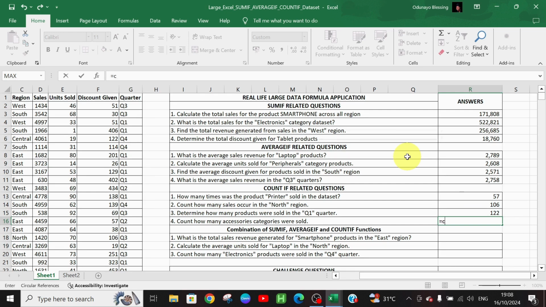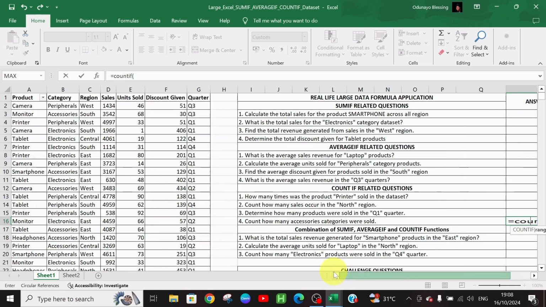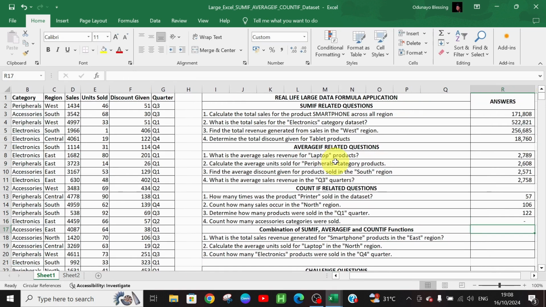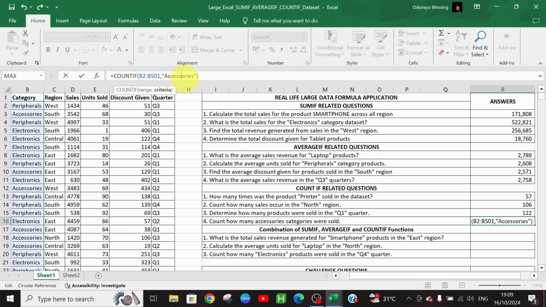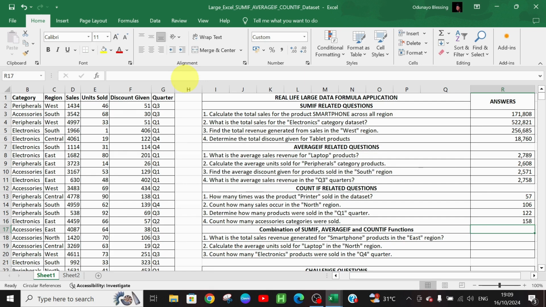So you also use COUNTIF. Now, what is being requested here is based on the categories. So that's 501. Then accessories. So this is wrong because the spelling of accessories was not correct. So if you check these accessories, you have the answer to be this. So with this, you already have the details of what you want.